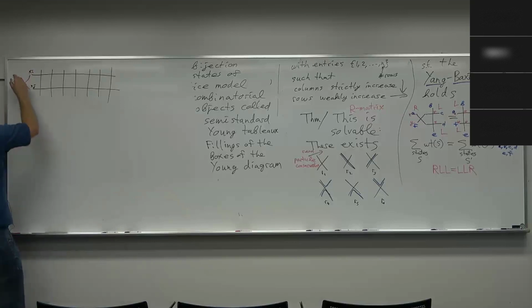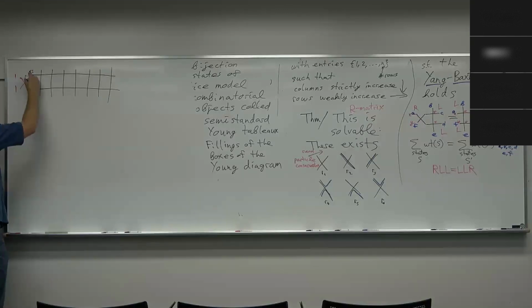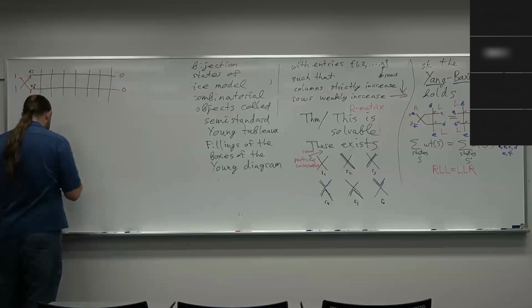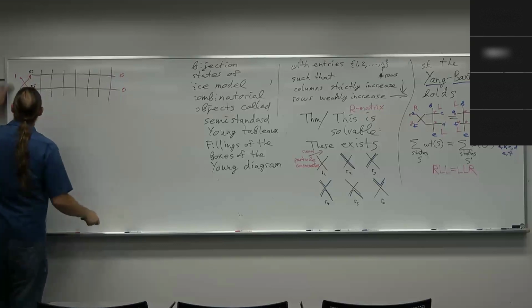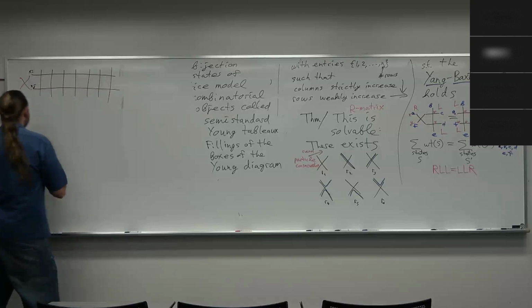I still have my fixed boundary conditions 1, 1. And because the particles must be conserved, I still have 1, 1 coming out on the other side. That's my particle conservation. And over here I have 0, 0. Maybe I'll write that in blue just to be consistent with my colors.